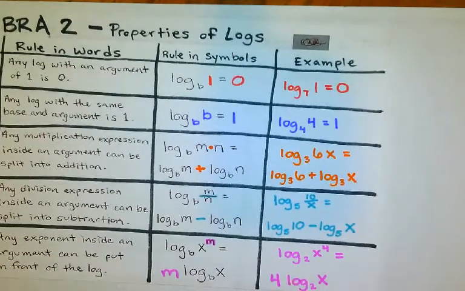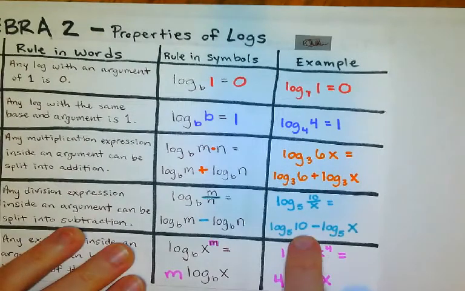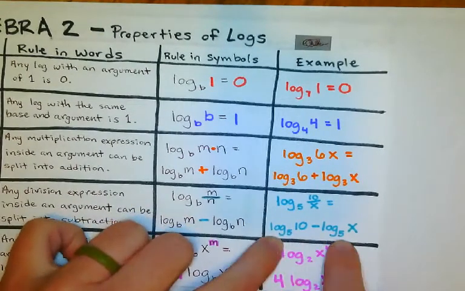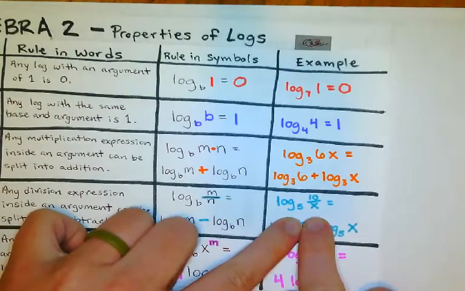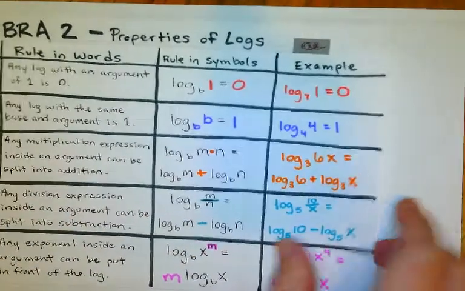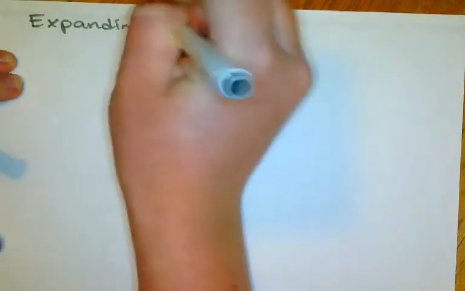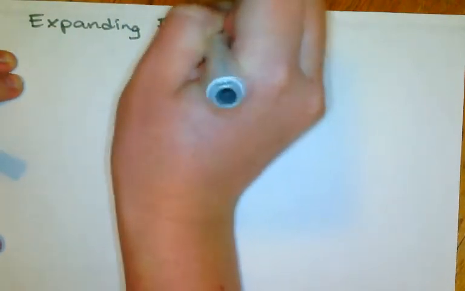Or we can condense, meaning we work it backwards, and if it's in the long form, we put it in the short form, and that's condensing. First we're going to start with expanding expressions.